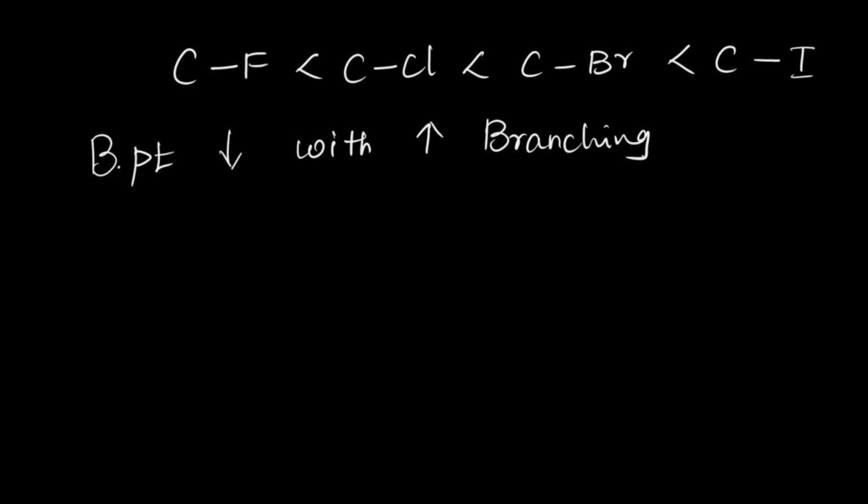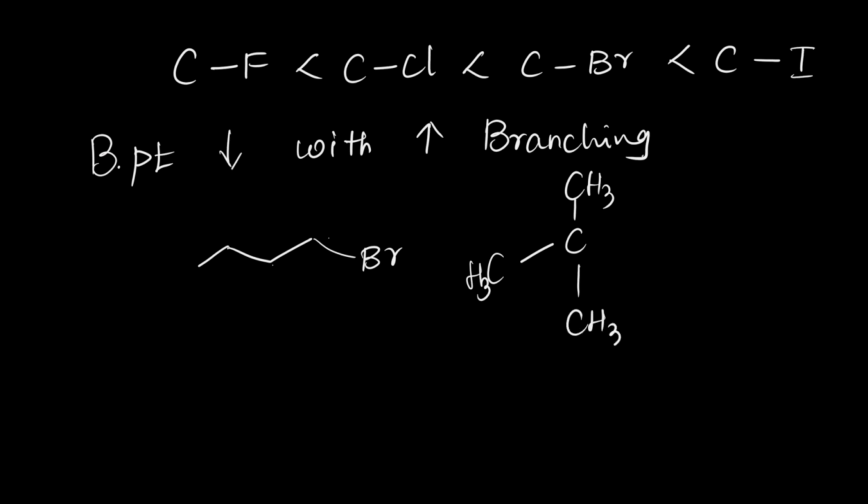Which means that, let's take bromobutane, with carbons 1, 2, 3, 4 and a bromo group. If I write the isomer of this bromobutane, I would write it as CH3, C with CH3 and then another CH3 with a Br.